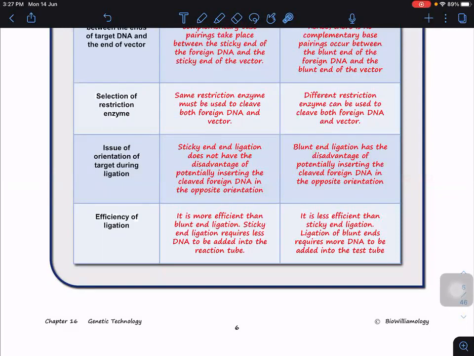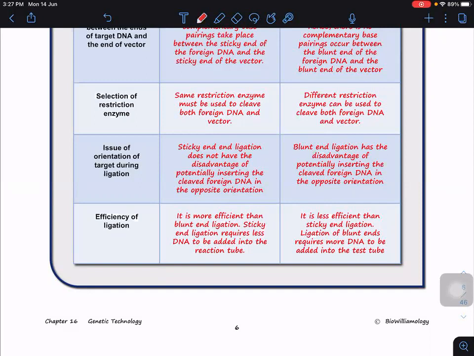If you use sticky ends, we can overcome the disadvantage of potentially inserting the cleaved foreign DNA in the opposite direction. But with blunt ends, no choice. We have no way to stop this. In terms of efficiency of ligation, sticky ends are more efficient compared to blunt ends. For blunt ends, there is less efficiency when you want to join both pieces together.